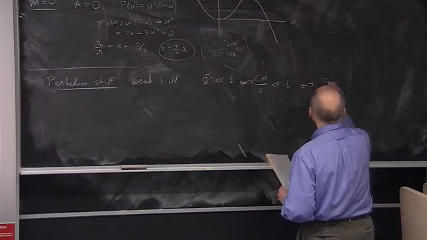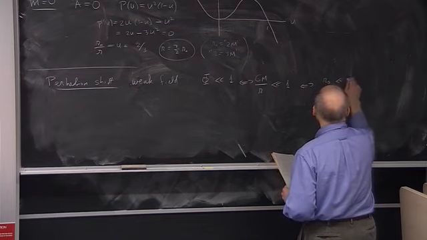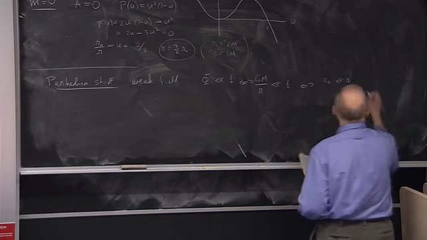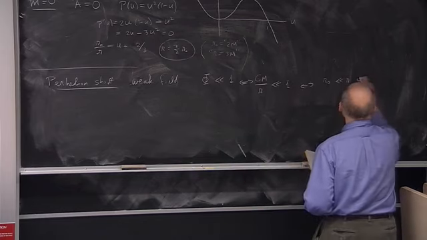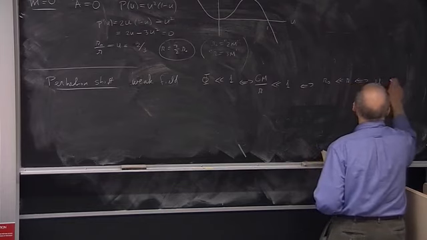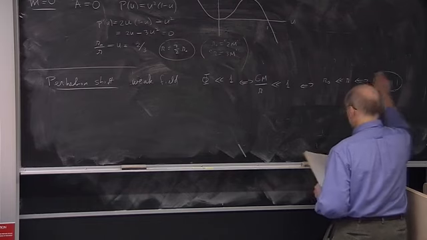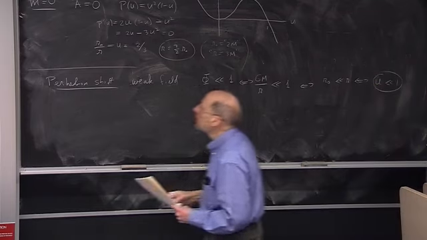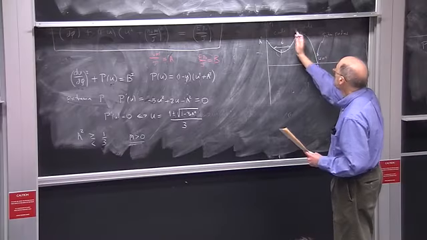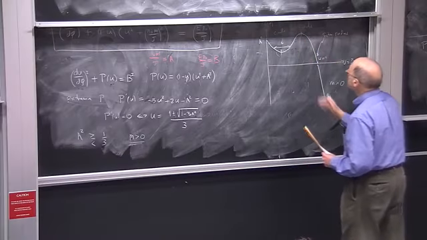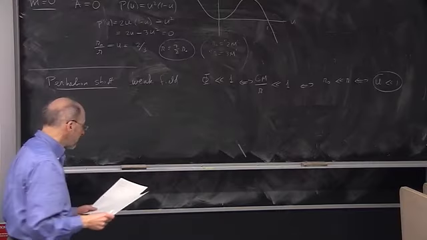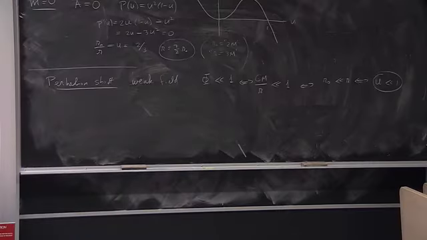So it just means R naught is much less than R. So you're very far out away from the Schwarzschild radius, and since we're using R naught over R, that's the same as saying u is much less than or equal to 1. We have to be sufficiently far away from u equals 1.